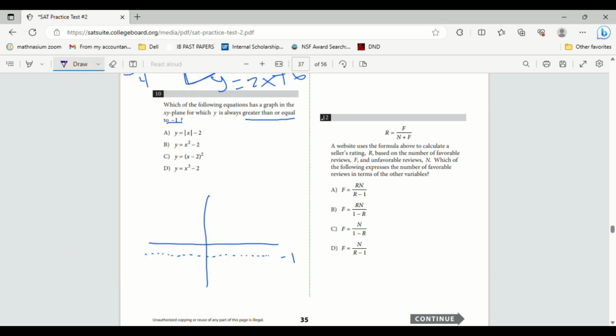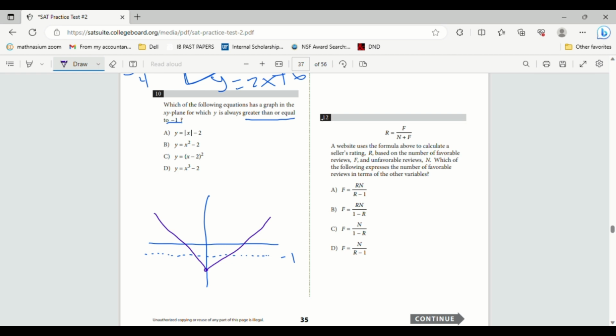Let's look at what graph A looks like. Graph for answer A, y equals the absolute value of x, minus 2. And so that means that our graph starts at negative 2 and then looks something like a V. And so this, as you can see, crosses this y equals negative 1 imaginary dotted line.